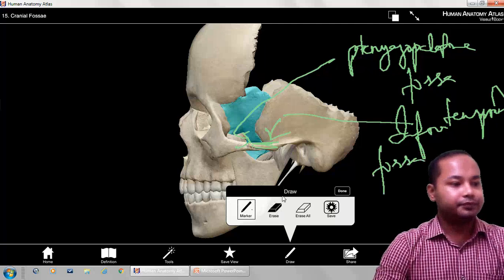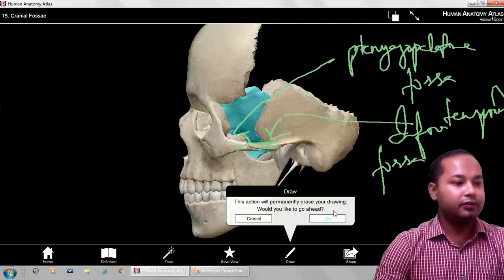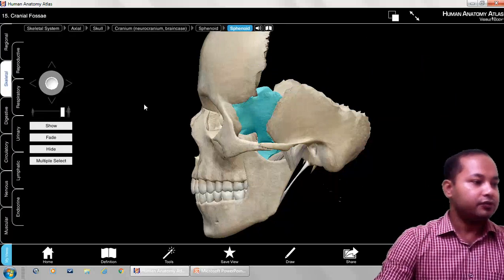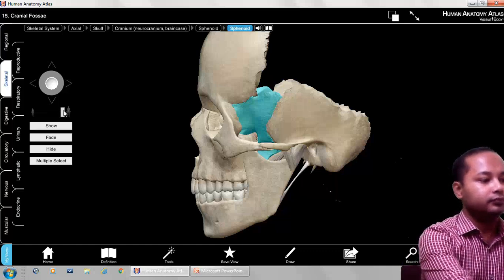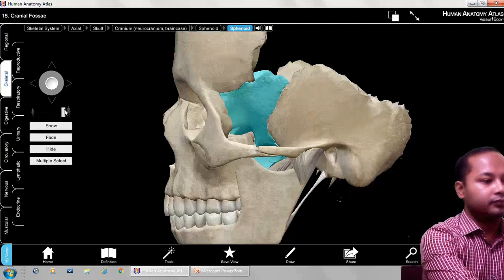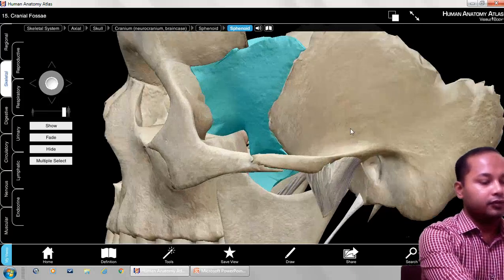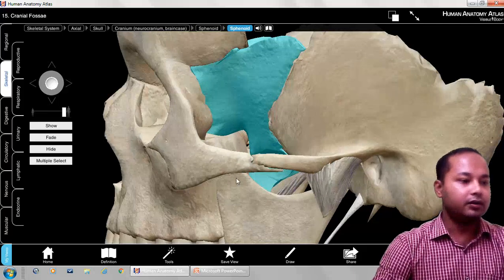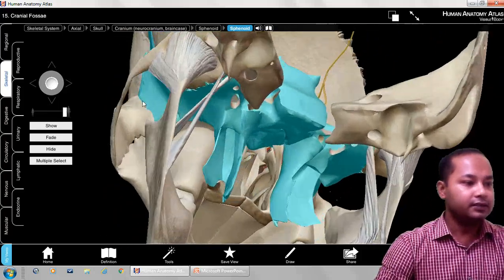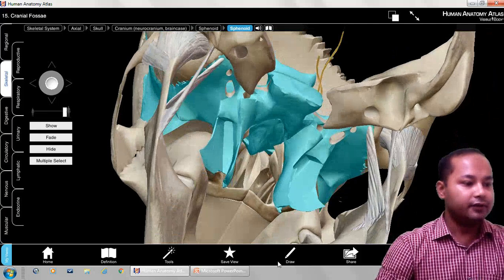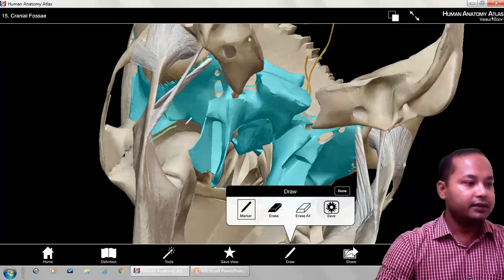Okay, let's again take a closer look. I will zoom in. So if I move this animation from below, then what I see is this is the infraorbital groove, and this part is actually communicating with the infratemporal fossa.